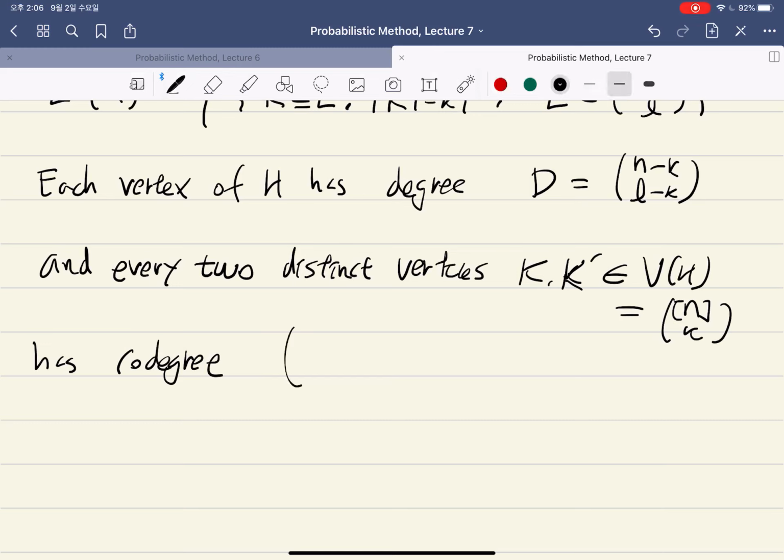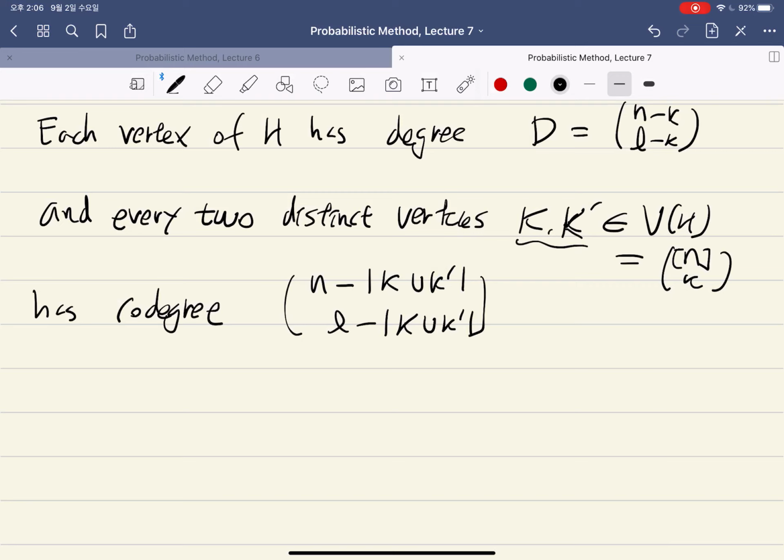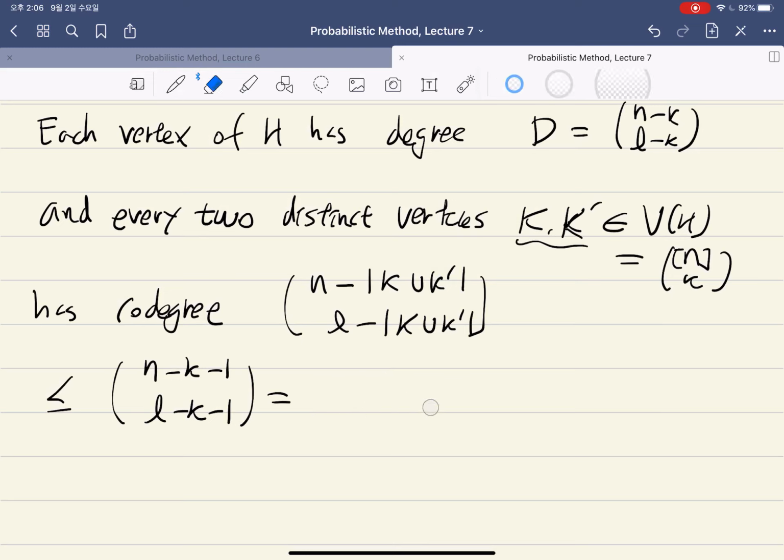Its co-degree is n minus the size of k union k prime, choose l minus the size of k union k prime. Here these two are distinct, so k union k prime has size at least k plus 1. So this is at most n minus k minus 1 choose l minus k minus 1, which is little o of D. More precisely, it's big O of 1 over n times D.